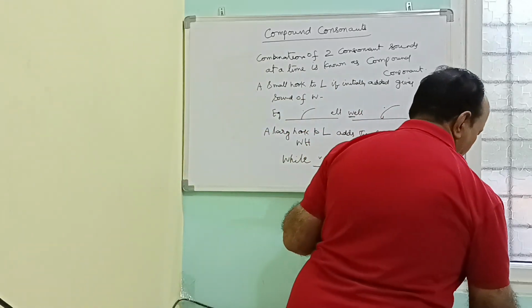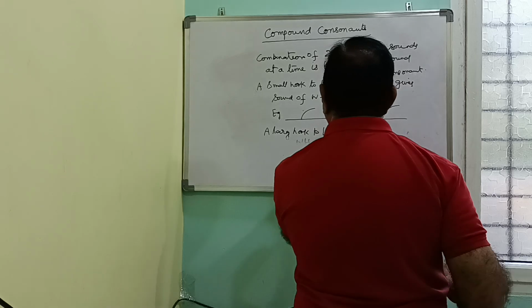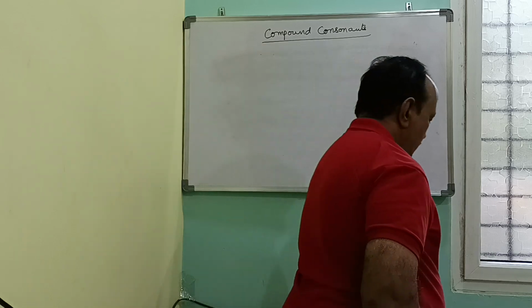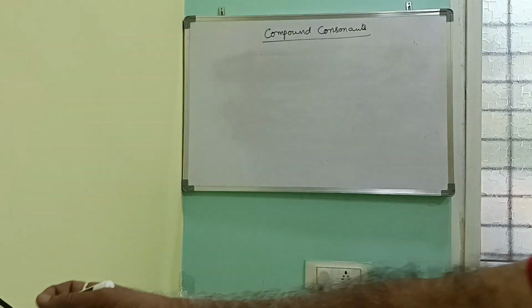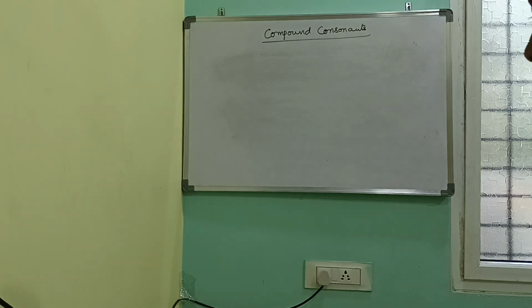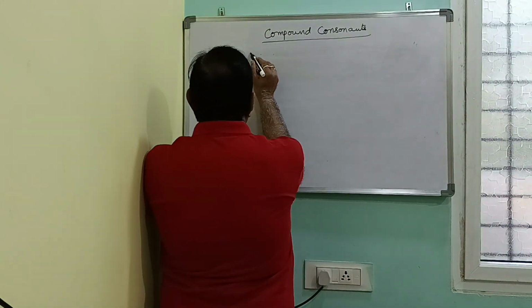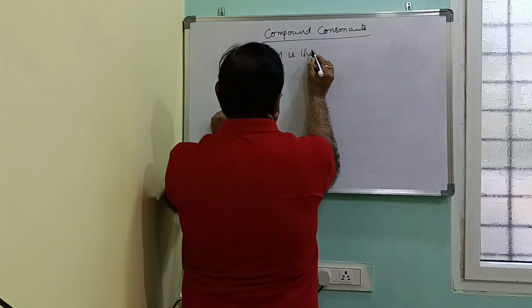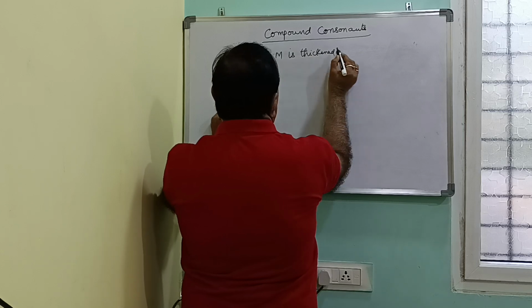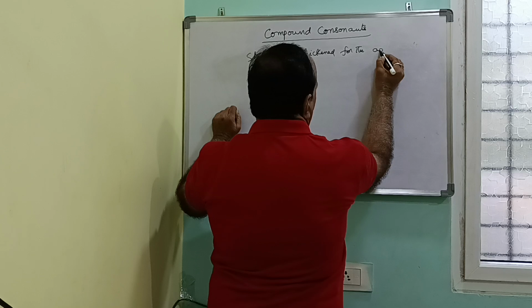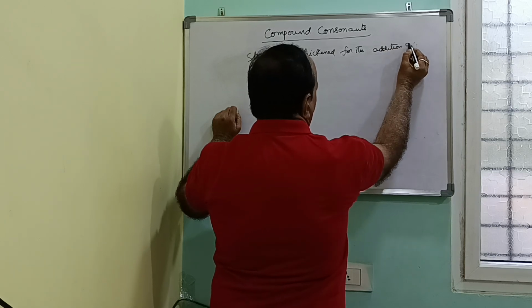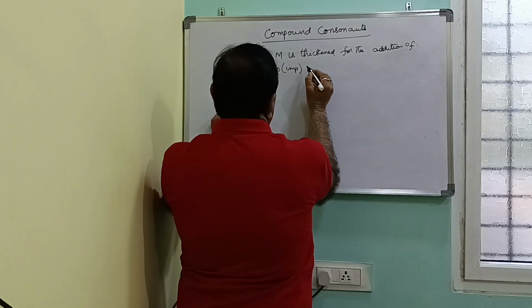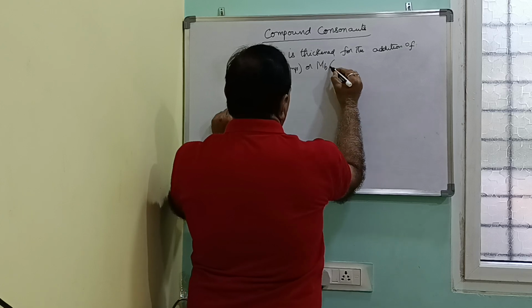In the same way, the stroke M. Stroke M is thickened for the addition of MP, imp, or imb.